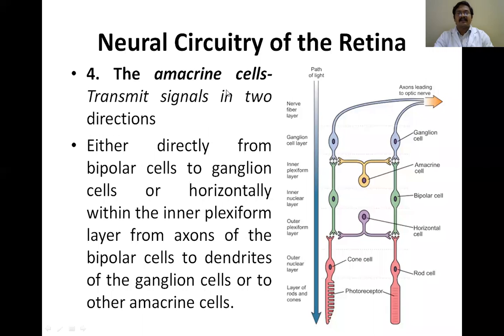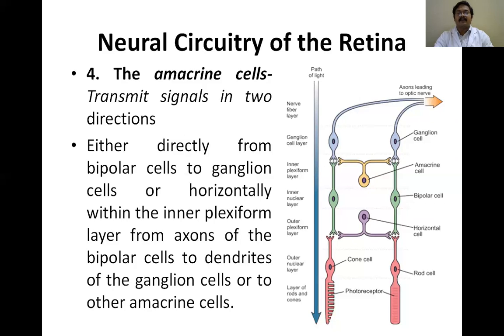The other cell, the amacrine cell, transmits the signals in two directions. They transmit the signals from the bipolar cells to the ganglion cells, or horizontally in the inner plexiform layer, like the horizontal cells in the outer plexiform layer.